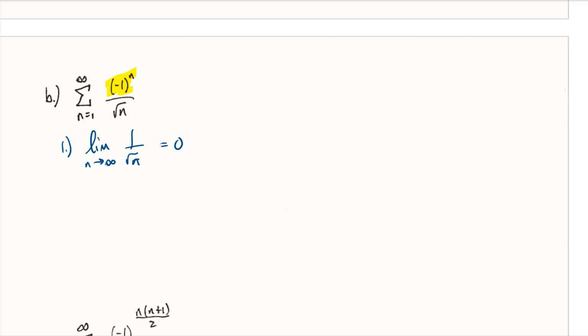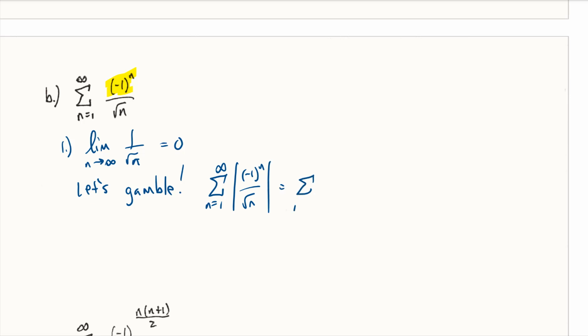The question is, is it absolutely convergent, or does it require the alternating? Well, maybe you gamble. So let's gamble. You're just a gambler; you love letting it ride. If I slap absolute value on that, boom, that just turns it into a p-series.